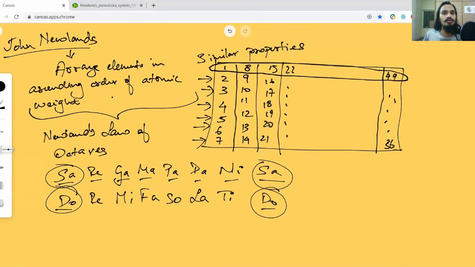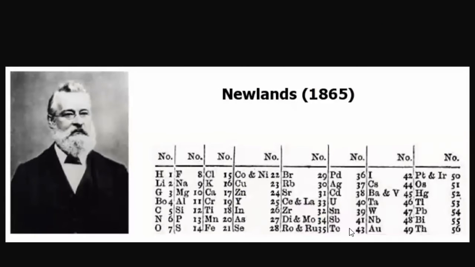So I'm going to show you the table that he made over here. If you can see my screen, you will see that it starts with hydrogen, then it goes 1, 2, 3, 4, 5, 6, 7, goes back to 8, all the way down. Now, he's actually the first person to try to assign a number to each element.